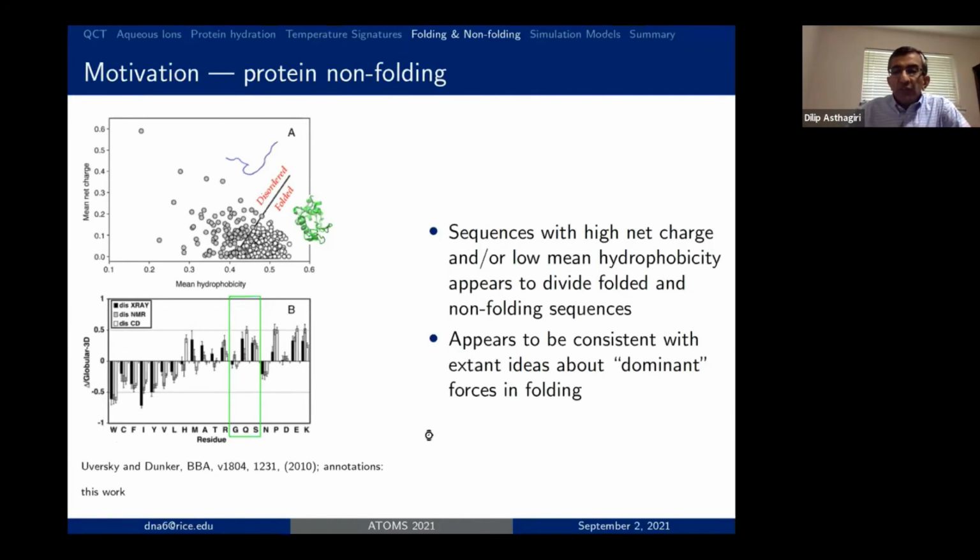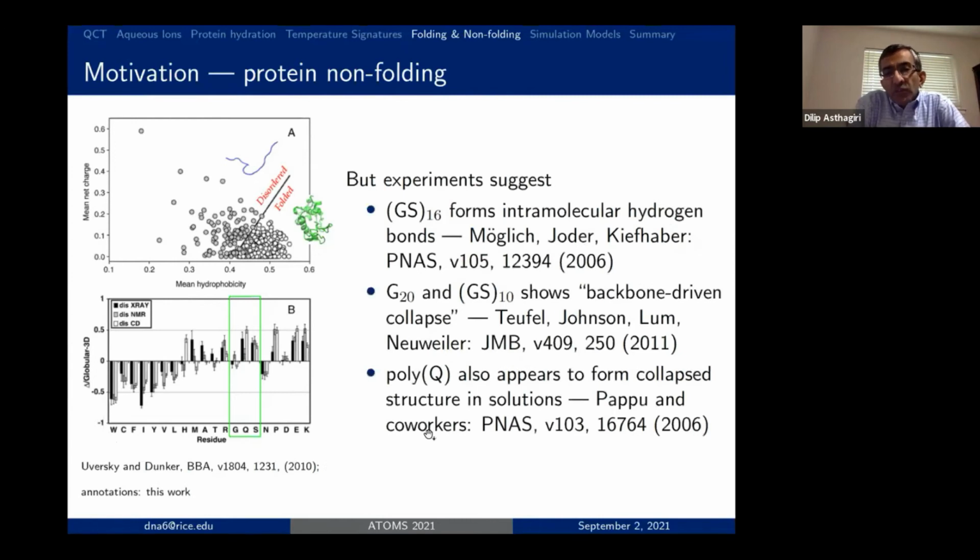But what was found experimentally was the following. You can take glycine-serine peptides, and they seem to collapse. The authors argued that the chains are collapsing, and that it was due to intramolecular hydrogen bonds. You see similar trends with other glycine-only peptides, or even polyQ peptides.